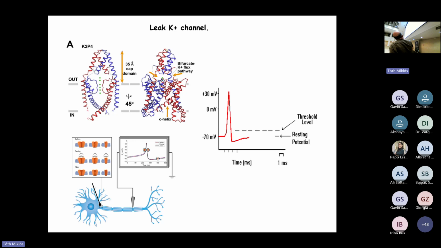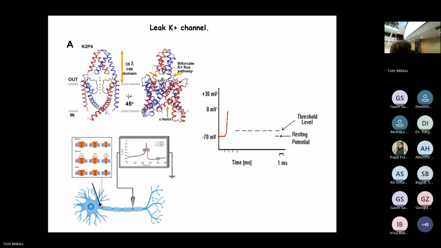These phases belong to the leak channels, and you see that this phase is voltage dependent. But the problem of these channels is that there is no canonical voltage sensing. This is one of the problems of these channels. They are very small channels, smaller than, for example, the voltage-dependent potassium channels, but they don't have any voltage sensing.